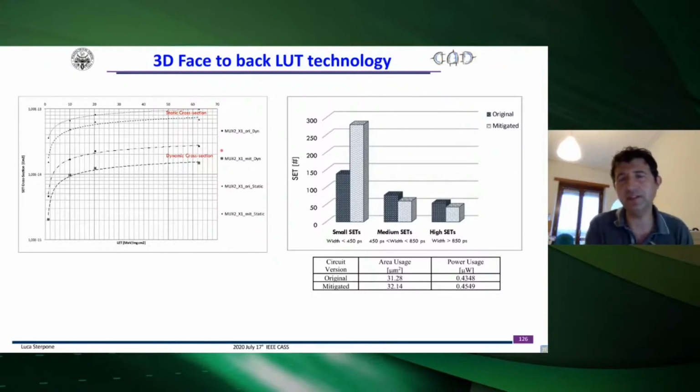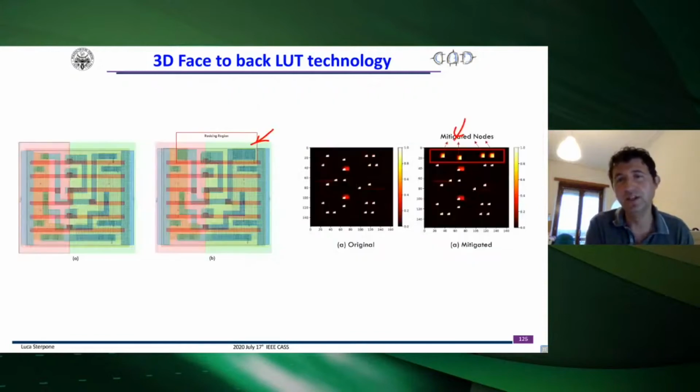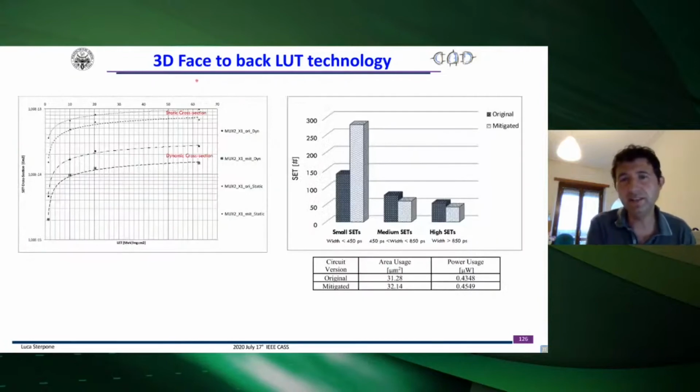of the gate dimension, but also on the behavior of the circuit, because here there is an example showing the original gate and the mitigated one, where we put very large nodes. These both are very large because it means that you have a larger area of sensitivity. The particle crosses this point, and you have a static cross section that is higher.